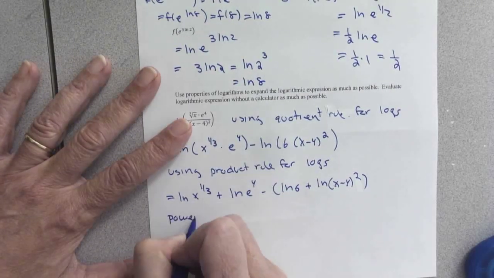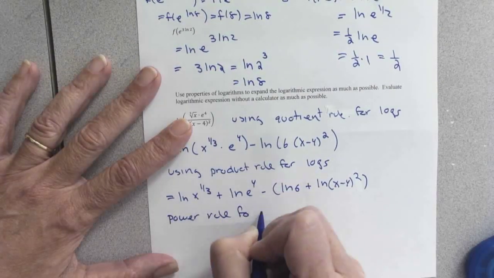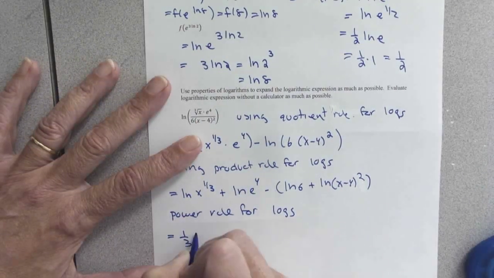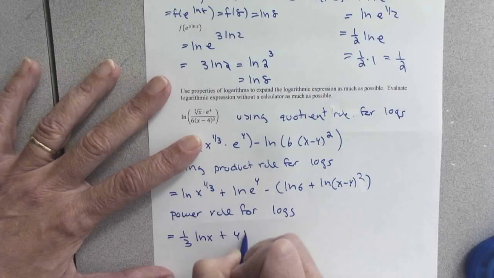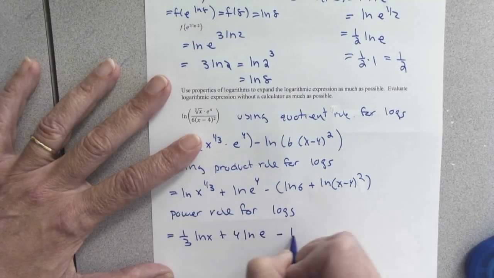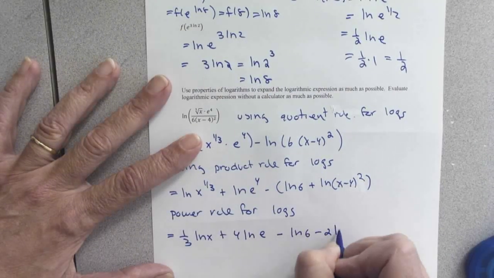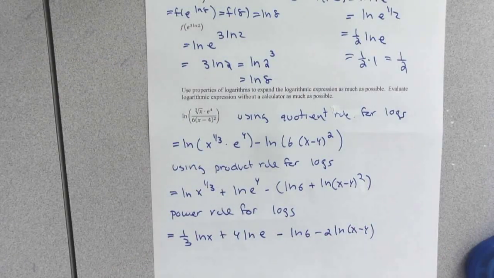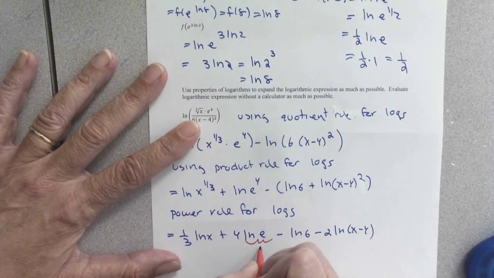Then the power rule for logs tells me that all those exponents can come down in front, and I'll distribute that minus sign along the way.